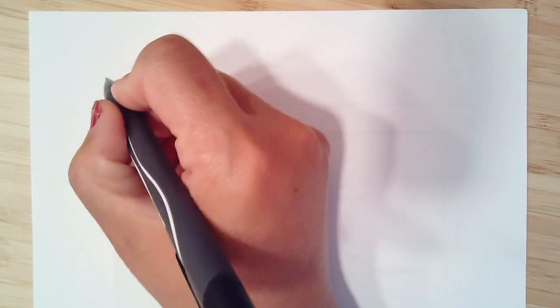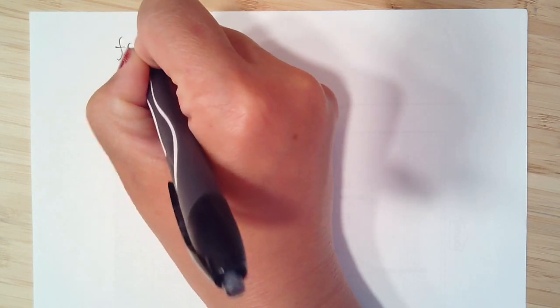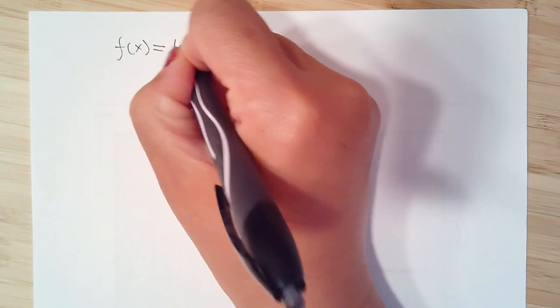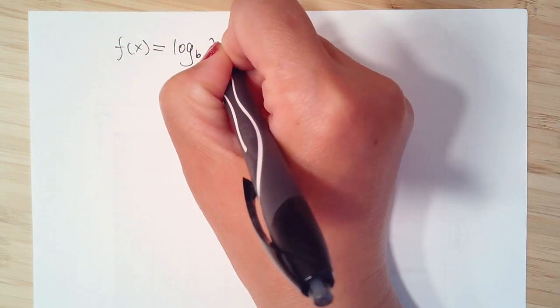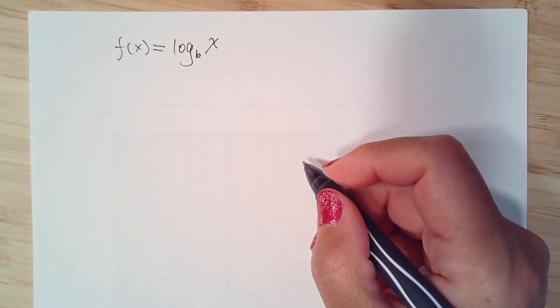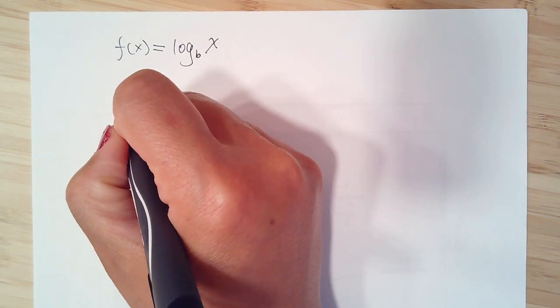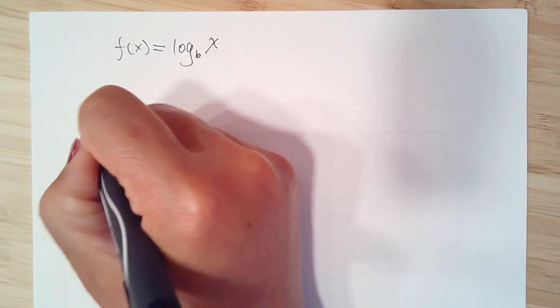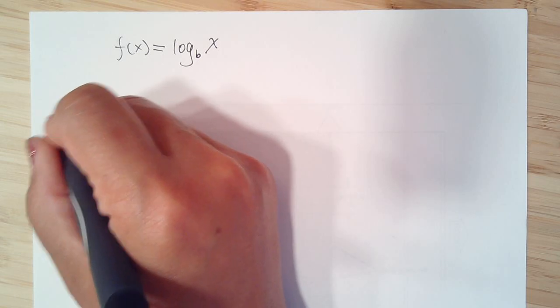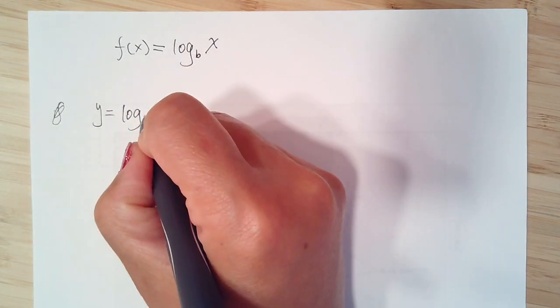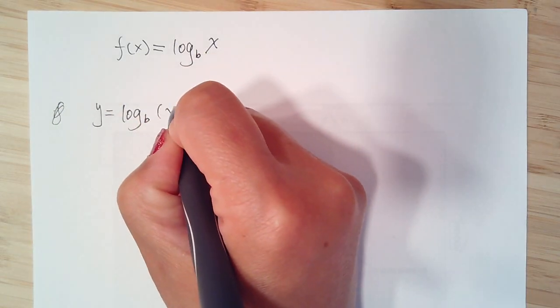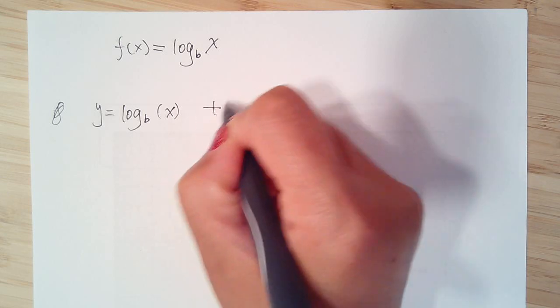Okay, so next one, domain, range, transformation. Okay, so let's do that. I give you the graph f of x equals log base b of x. I ask you how to get the graph of the new function, g of x, whatever you write it. That's log base b of x, plus 5.